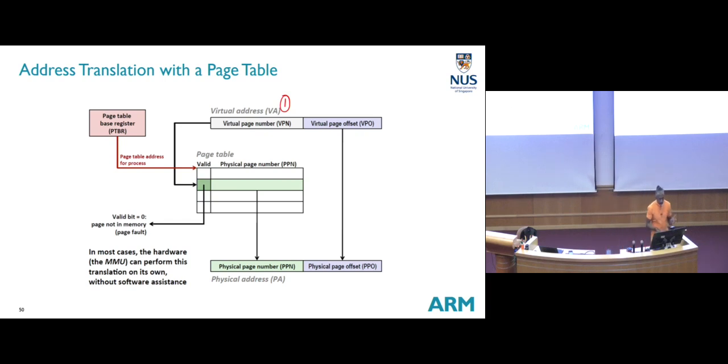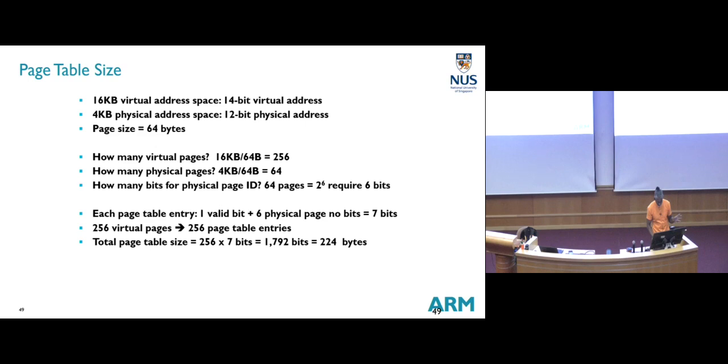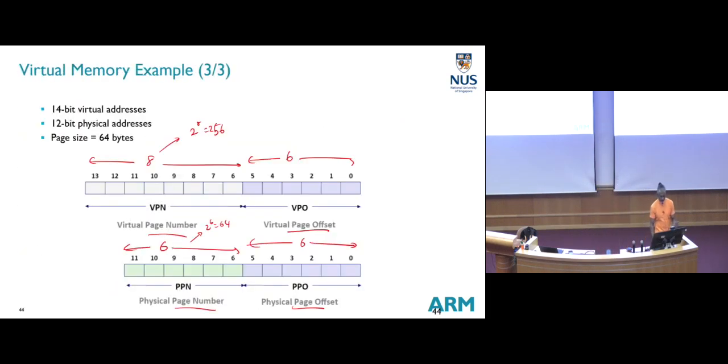Because we already designed the system, if we go back to this design and stick to it, we know that we split it into page offset and virtual page number, and page offset and physical page number. So we already know that this is the design that we have.